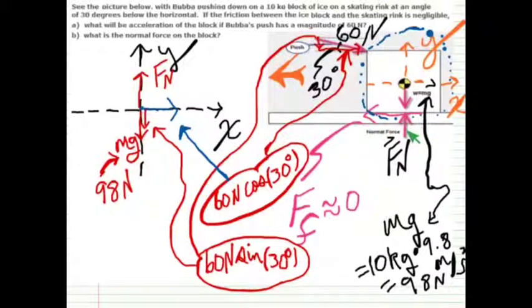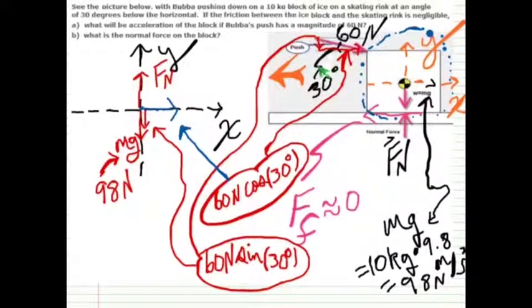However, we're not considering any possibility of rotation or for the block tipping, and so we must put all the tails at the origin of our coordinate system, and this means only translation is possible, not rotation. And so that will be the center of gravity of the isolated block. That is the origin of the x and y-axis coordinate system.